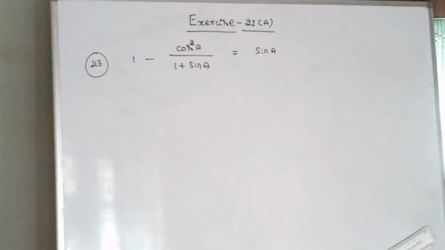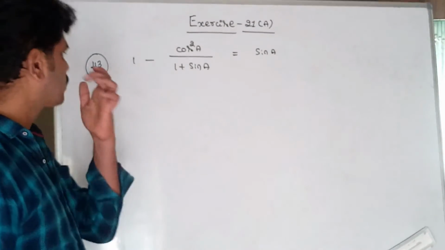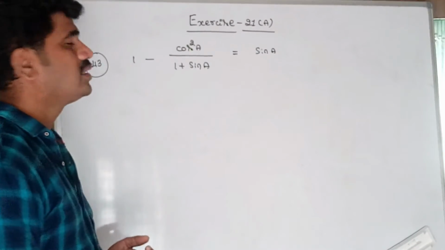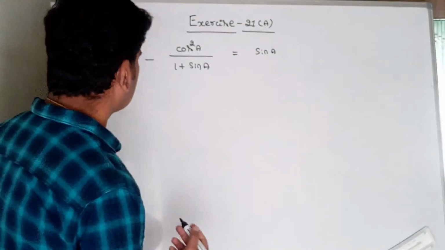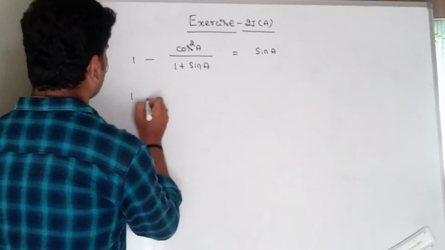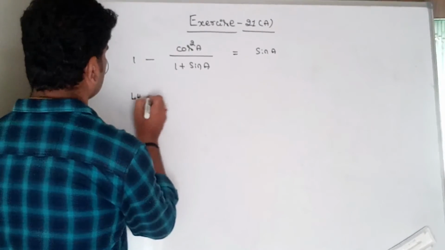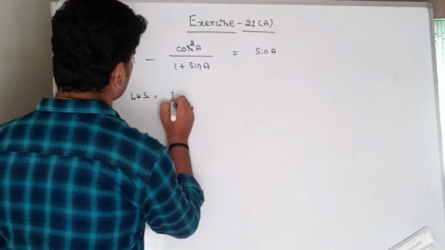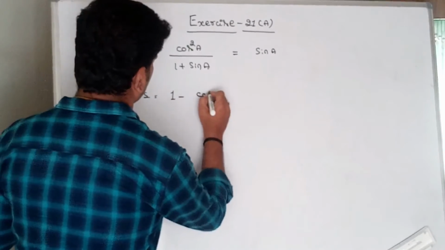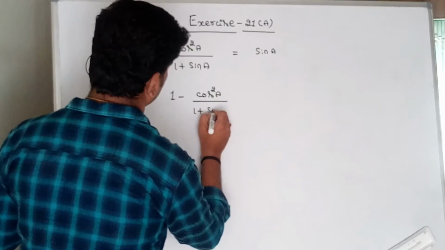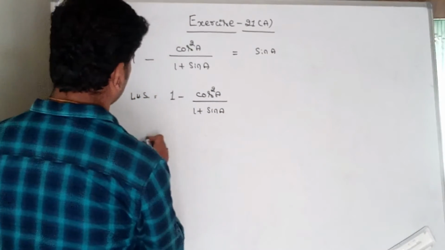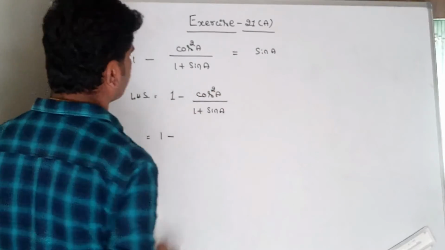Next problem is 1 minus cos square A divided by 1 plus sin A, that is equal to sin A. Okay. So this problem is very simple. So what do you do? Take the LHS. What is LHS here? 1 minus cos square A divided by 1 plus sin A. So that is equal to 1 minus, see, apply the formula for cos square.